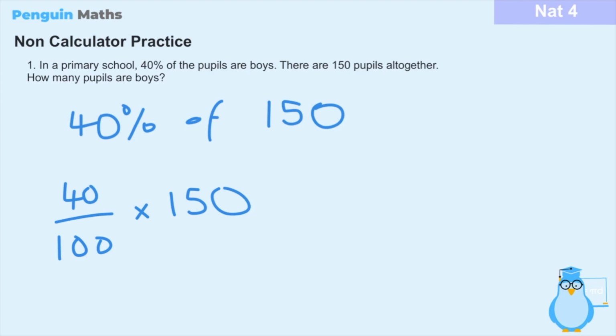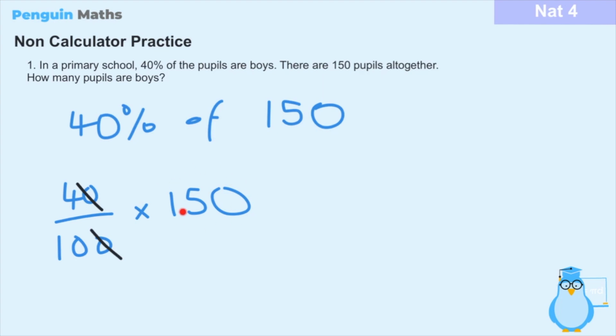So what I'm going to do first is simplify the 40 and the 100, and because both of them have a 0 at the end of them, that means that they're both divisible by 10. So what I'm just going to do is cancel off a 0 from the 40 and the 100, so we're left with 4 over 10 times 150. And now what I'm going to do is look at the diagonal numbers.